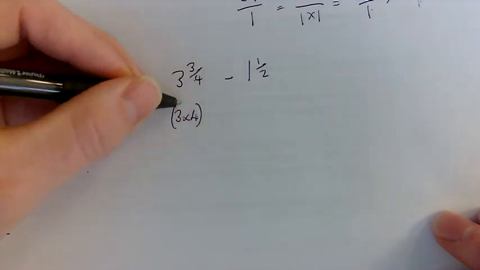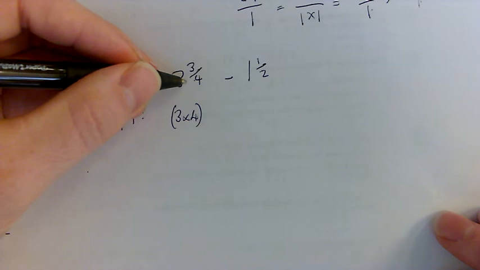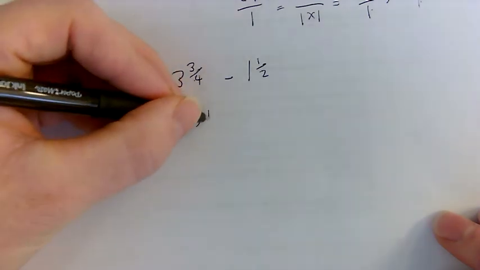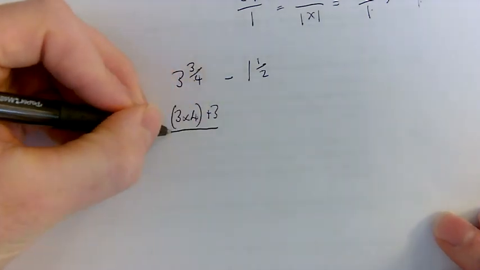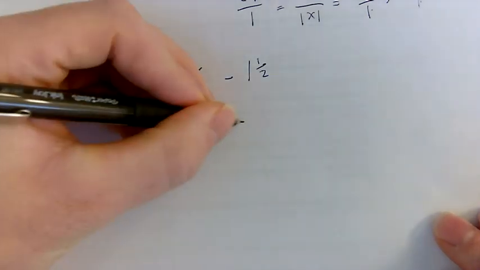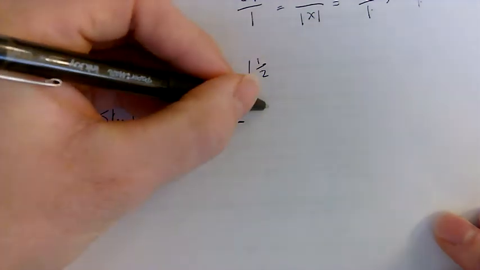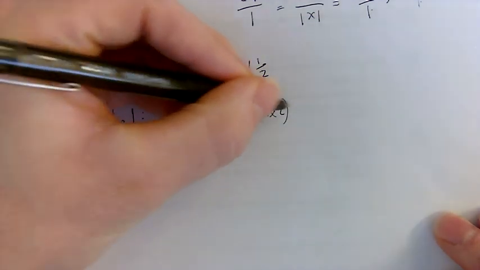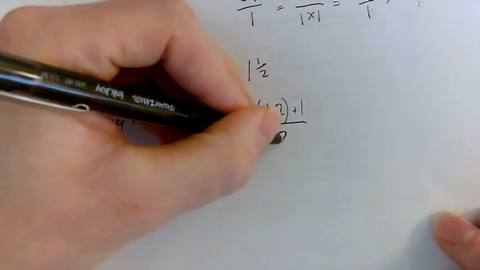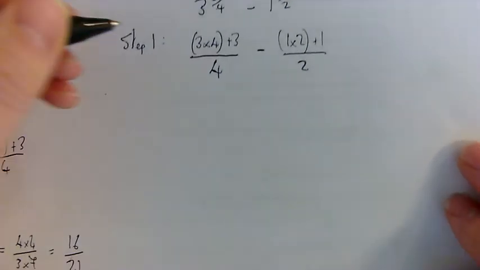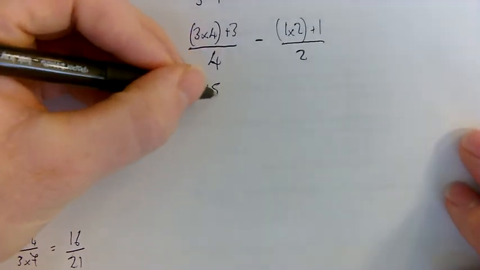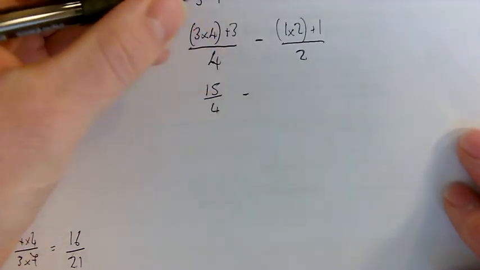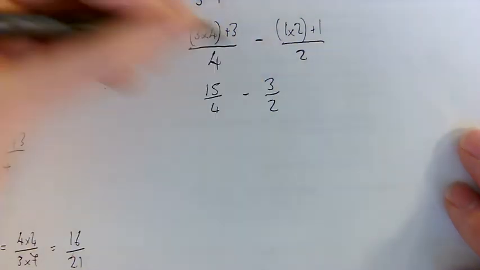That'll be 12, we know. But that tells me how many quarters are in 3 whole numbers, plus another 3/4. I'm taking away from that 1 times 2 plus 1 over 2. So I've got 15 quarters, take away 3 halves.